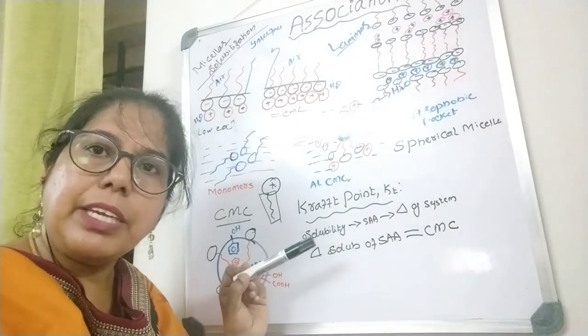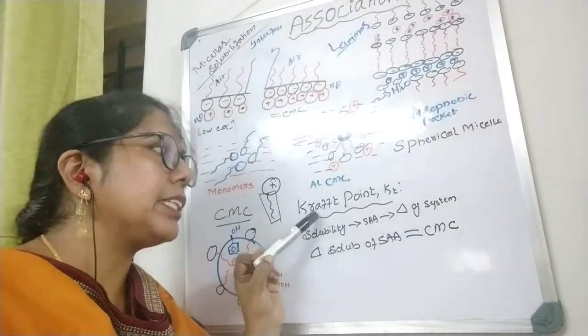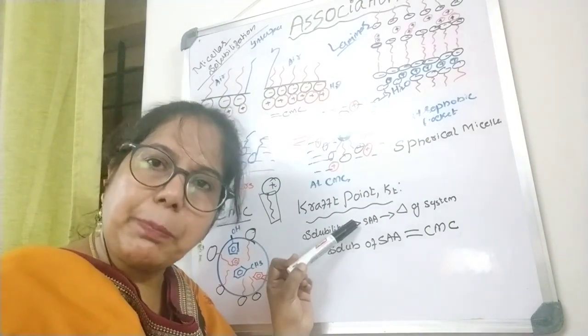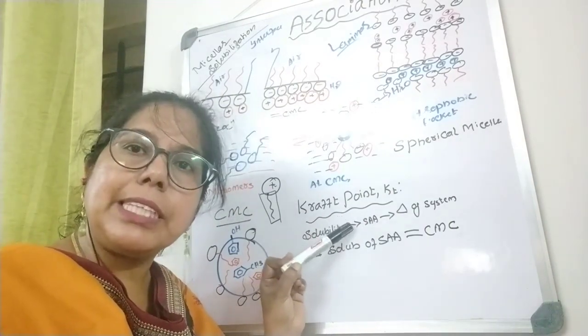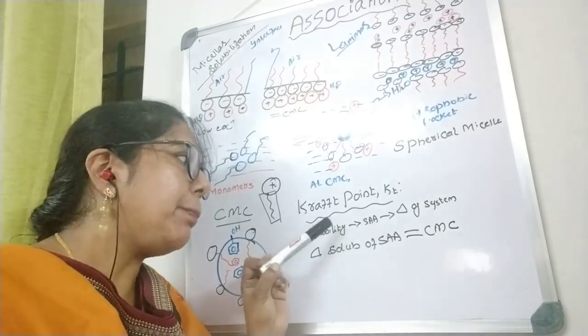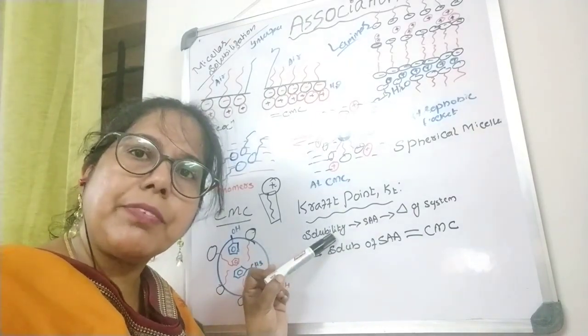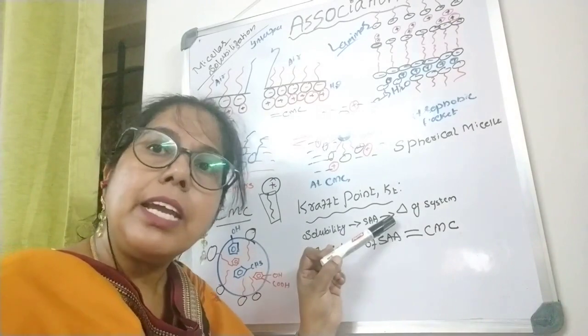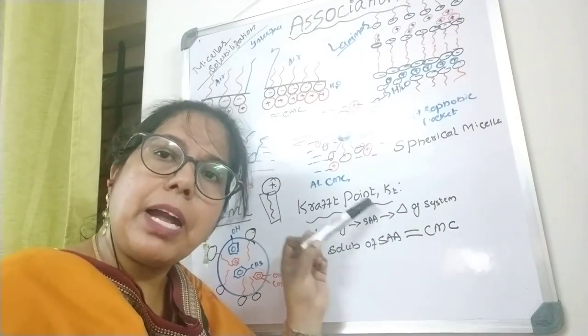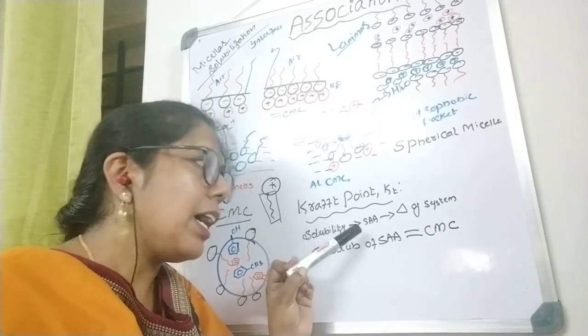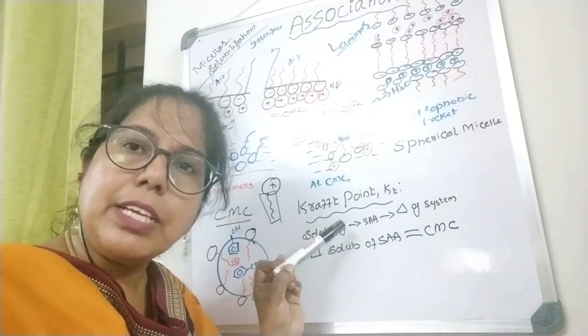One more theory comes here. The theory is called the Kraft point. You may get Kraft point separately for 2 marks. The Kraft point describes the relationship between the solubility of surface active agent and the temperature of the system, the temperature at which the surface active agent will solubilize.